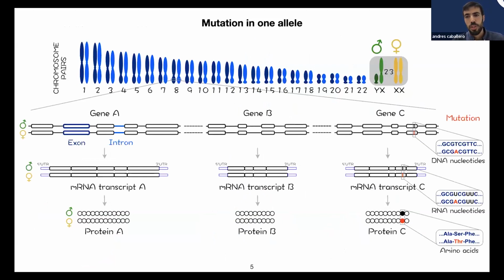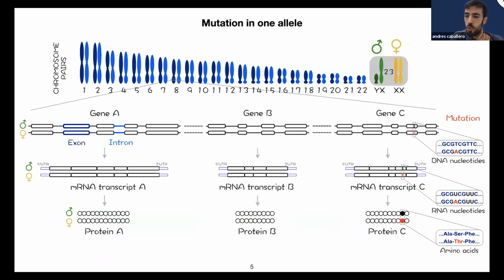So, just putting the example of when we have one mutation in one allele, this would be the case of the autosomal dominant conditions, in which the mutation goes from one copy of our gene, let's say in this example, the one that comes from our mother. So we have the mutation that goes onto the mRNA transcript, and then to the protein.